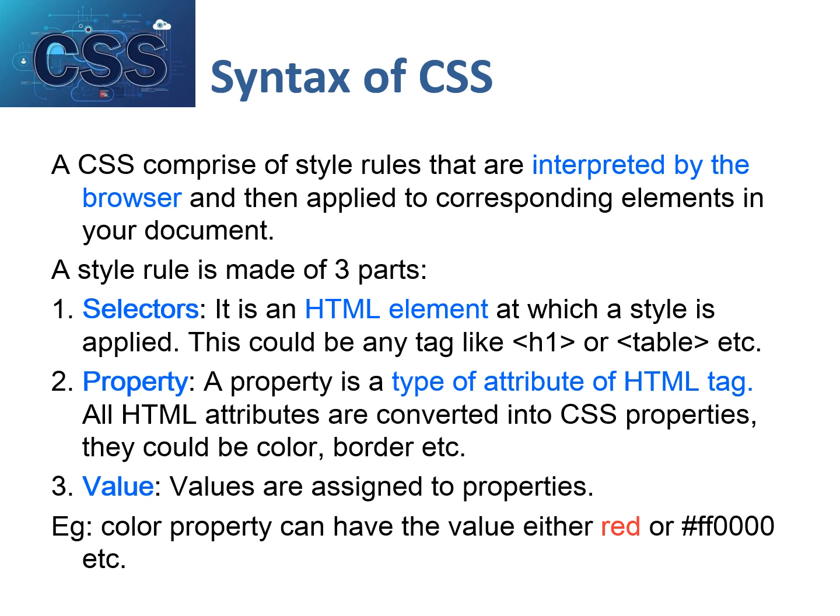Then in the property category, what we have to specify is an attribute of the corresponding selected HTML tag to which the style is to be applied. All the selected HTML tag's attributes are converted to corresponding CSS properties.